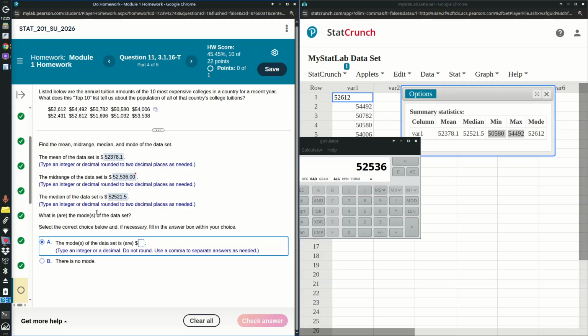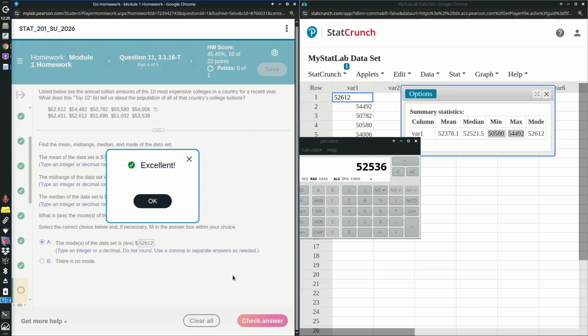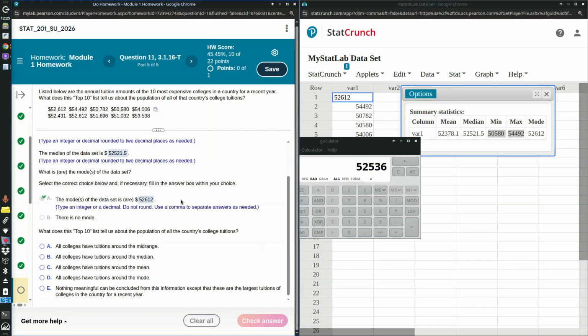This one goes mean, mid-range. Okay, so the mode is 52,612. And since it's the top 10 list, this isn't representative of all colleges. This is representative of the 10 most expensive colleges.